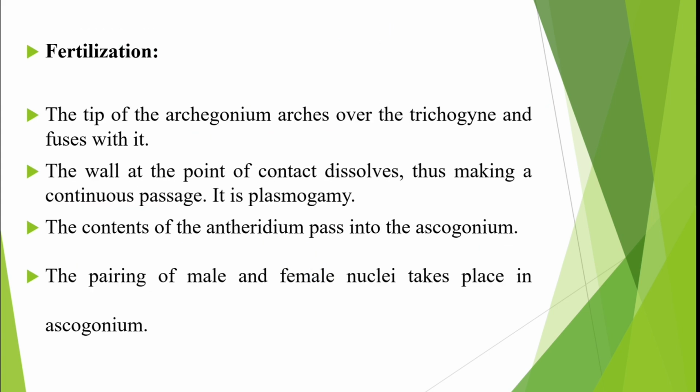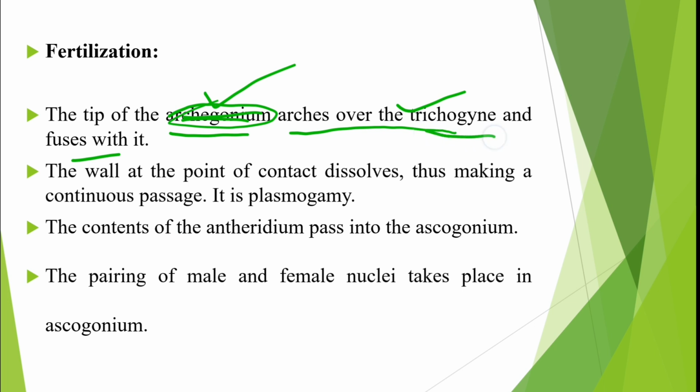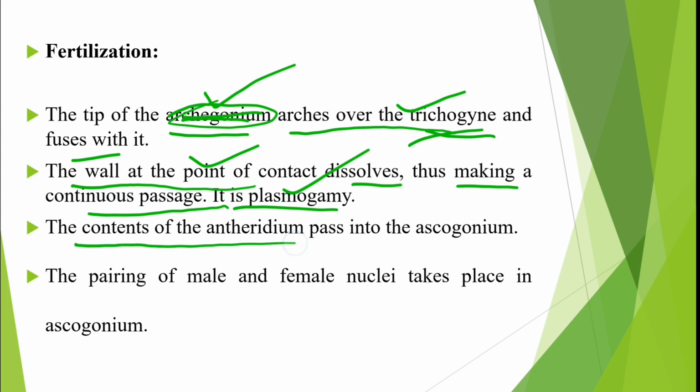Next, fertilization. The tip of the antheridium arches over the trichogyne, that means the female part, and fuses with it. The wall of contact dissolves, thus making a continuous passage. Next is plasmogamy. The contents of the antheridium pass into the ascogonium.